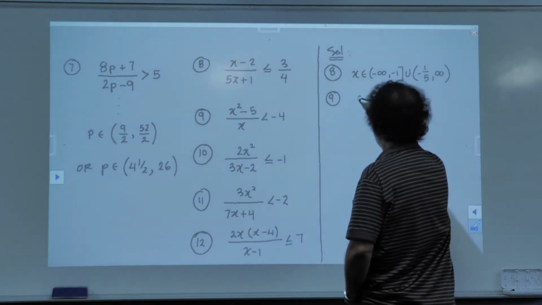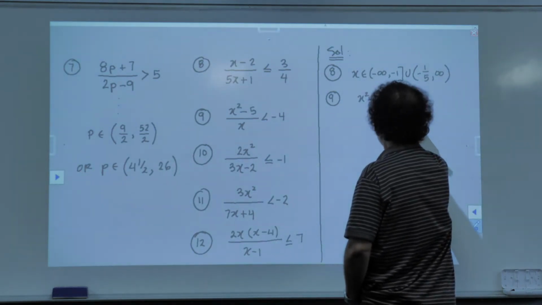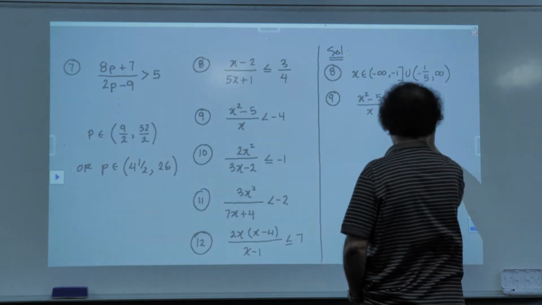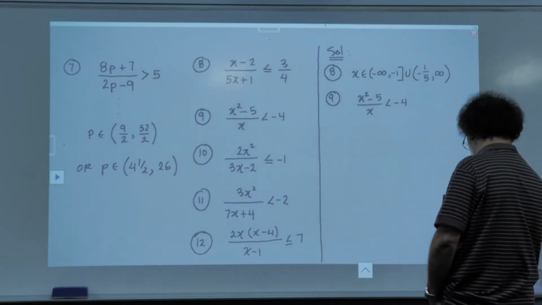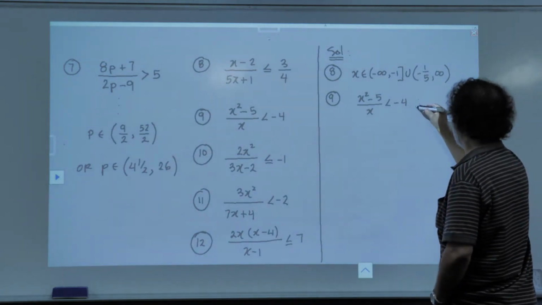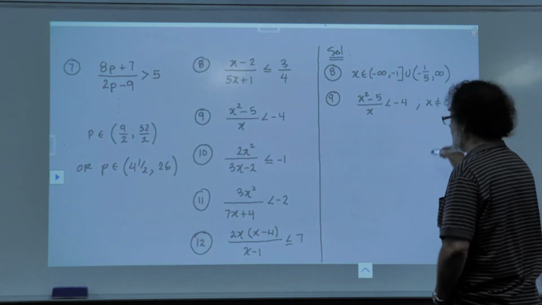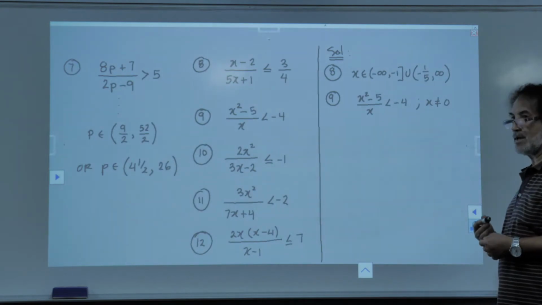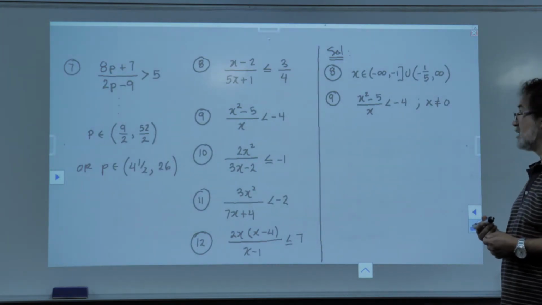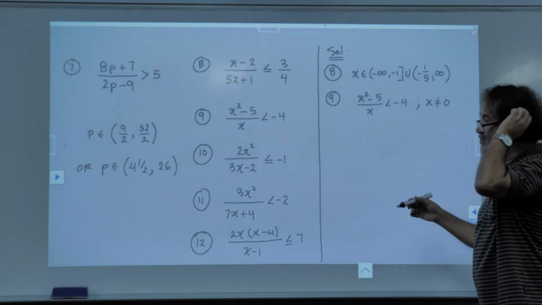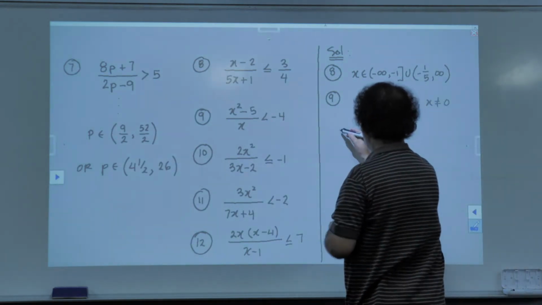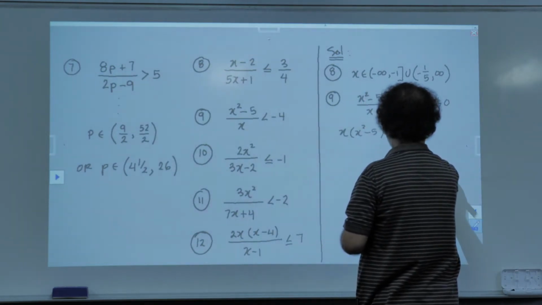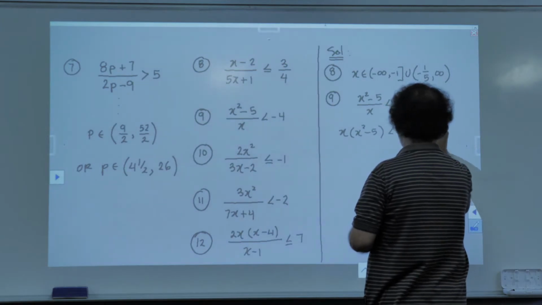We have x squared minus 5 over x is less than negative 4. You can see that x cannot equal 0, so you need to exclude that straight away. Then we multiply by x squared. When you multiply by x squared, you have x multiplied by x squared minus 5 is less than negative 4 multiplied by x squared.